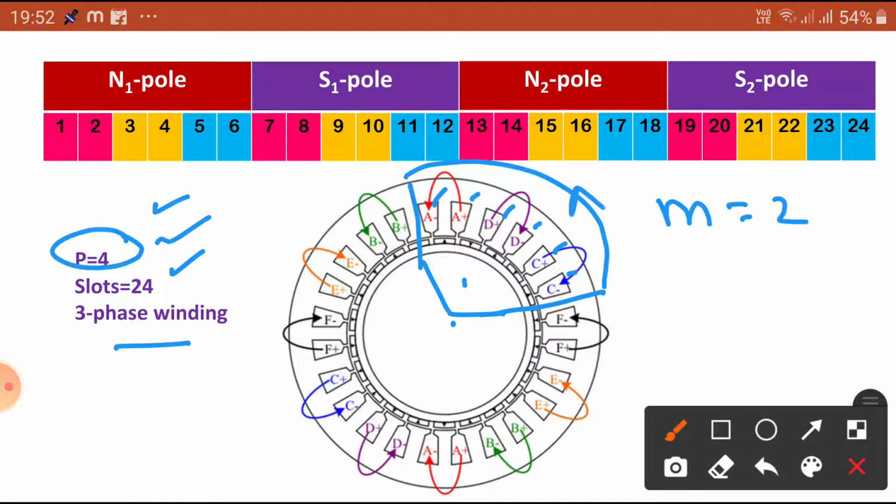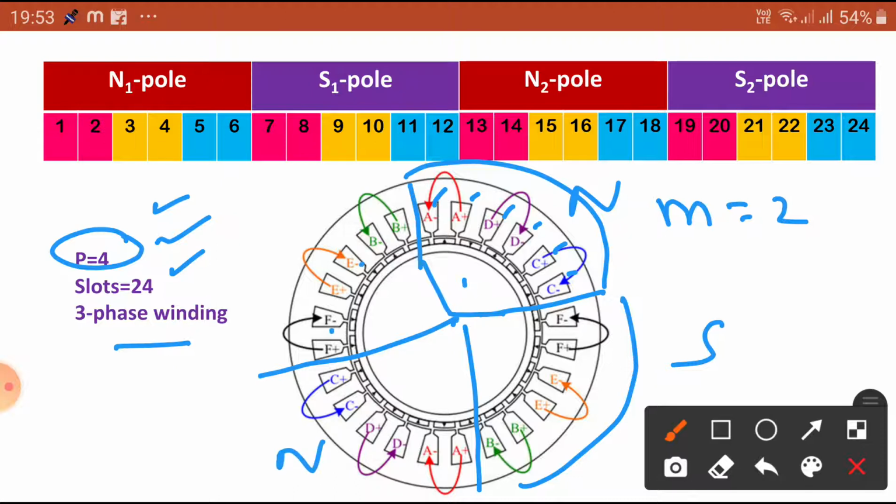This is under the north pole. Next, under the south pole, again 2, 2, 2, and so on. These conductors are under the south, these conductors are under the north.